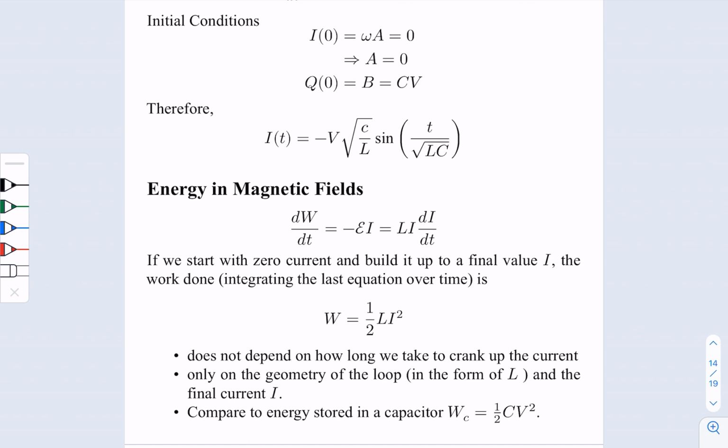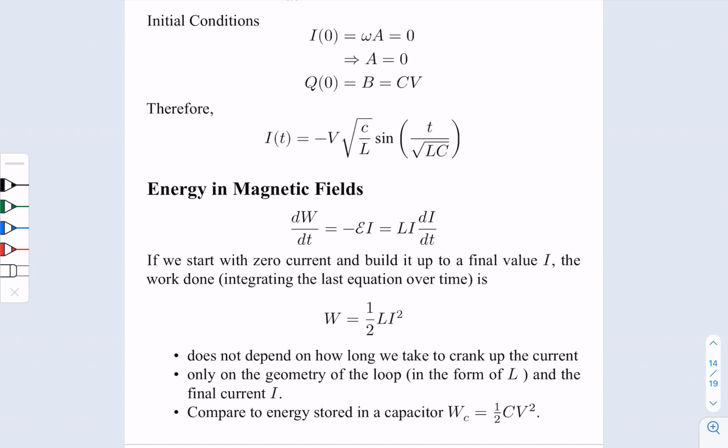So here dW/dt equals minus the EMF times the current, and the EMF is also related to minus L di/dt. So the right hand side is a function only of I, and now if we integrate both sides, that gives us the work equals 1/2 of the self-inductance times I squared.